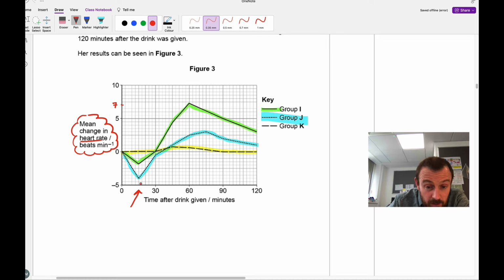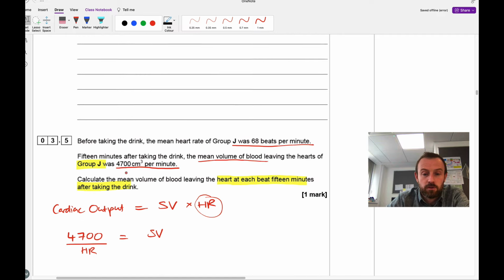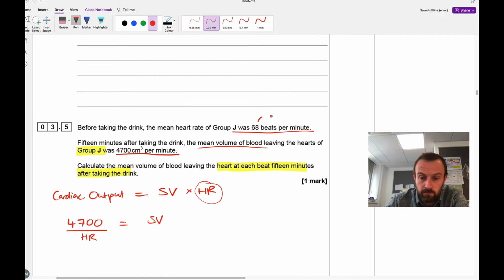So group J, blue one, wow, it's gone down quite a lot, hasn't it? That's down to -4. That's 1, 2, 3, 4. So that's -4 beats per minute. If we started out at 68, -4 is going to give us 64 BPM.